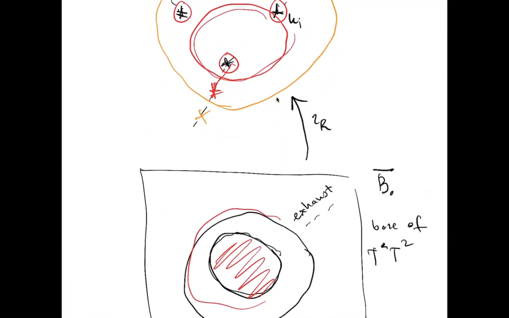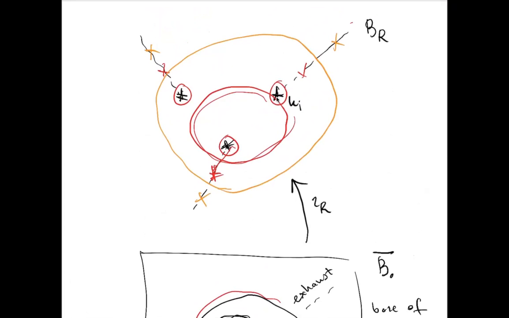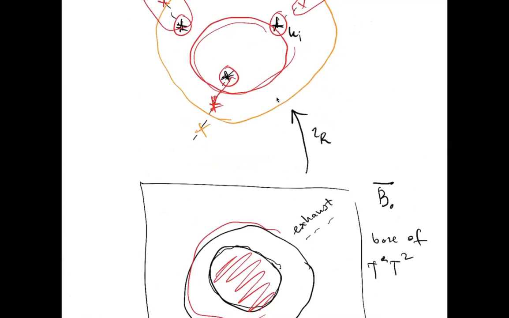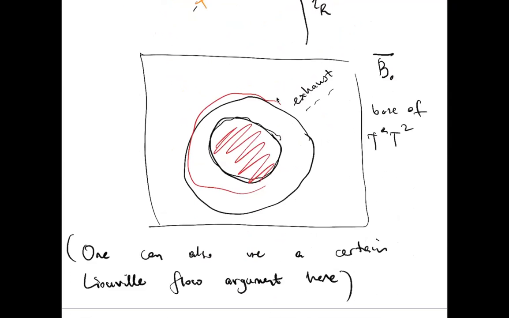But because of the nature of these nodal slide symplectomorphisms, they're only supported here. So they don't actually change what you did with the previous embeddings. This way you can embed the entirety of this T star T2.